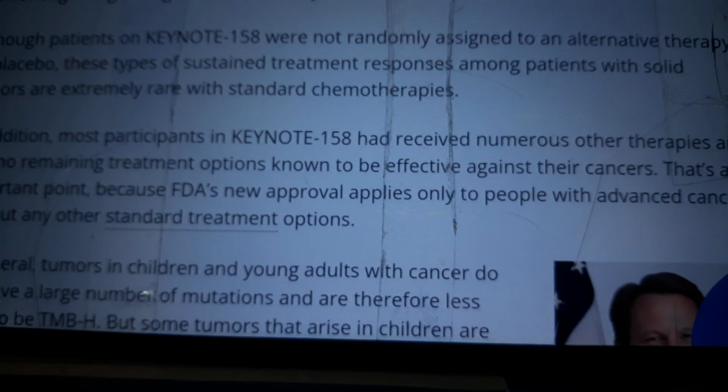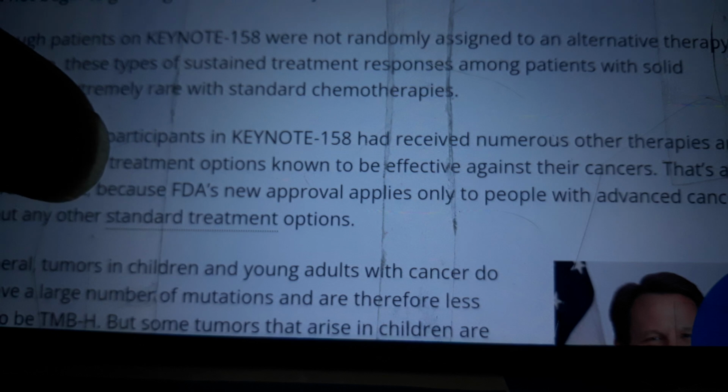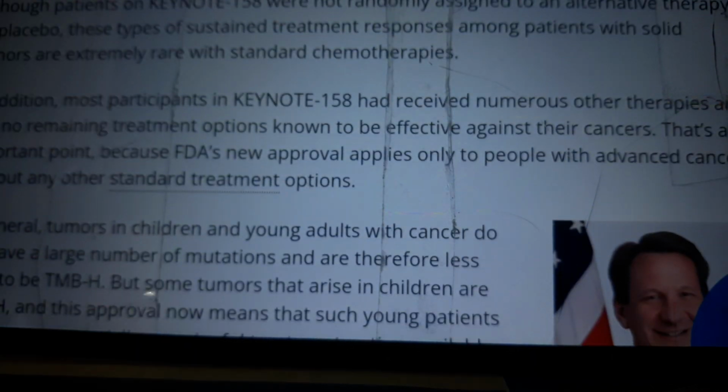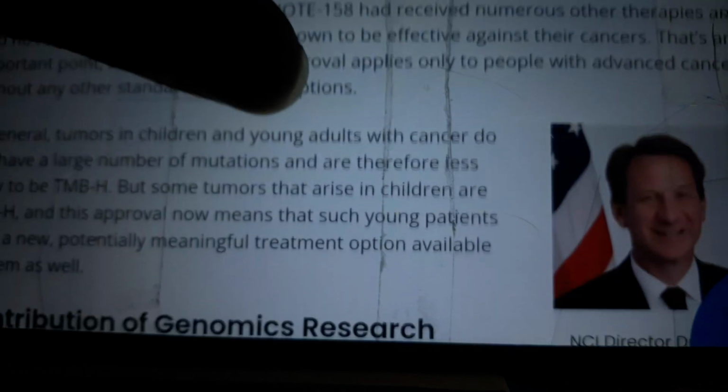So although patients on KEYNOTE-158 were not randomly assigned to an alternative therapy or placebo, these types of sustained treatment responses among patients with solid tumors are extremely rare with standard chemotherapies.